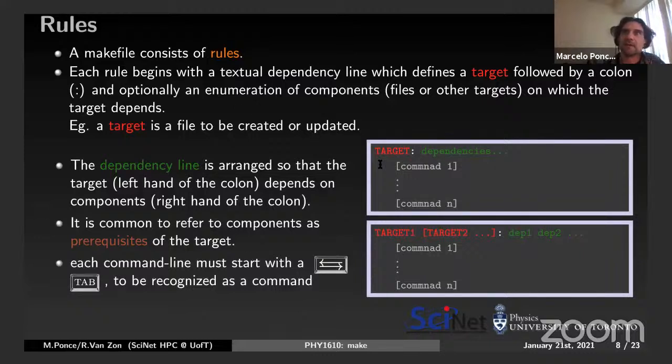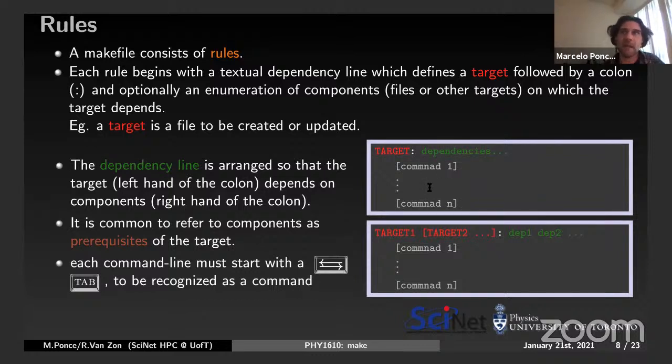So this first box here is a rule. This is going to be my target. And then there is the list of dependencies. What that means is that this target needs to have these other targets built before, in order to succeed in generating this target of this rule.